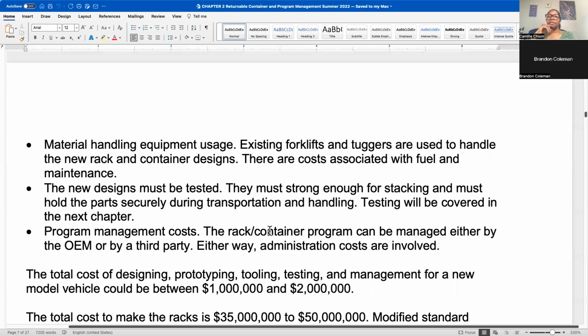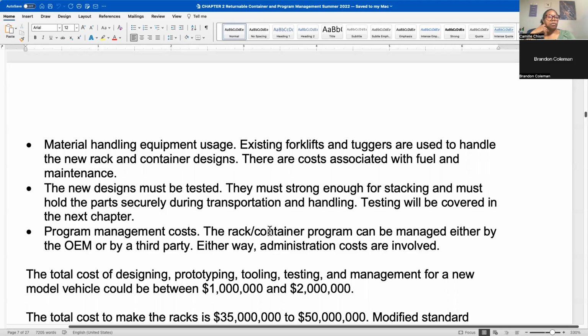Fork trucks and tuggers, they have requirements for repairs, preventive maintenance. One plant that I worked in, we had fork trucks. They would put governors on the trucks so that the trucks could only go about 3 to 5 miles per hour.